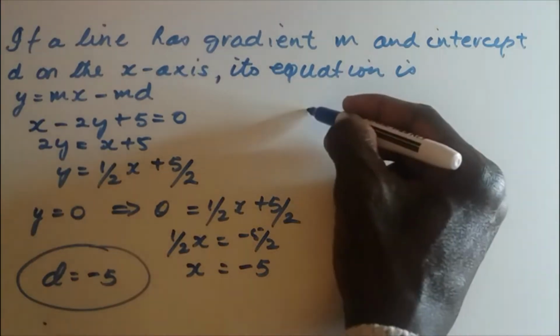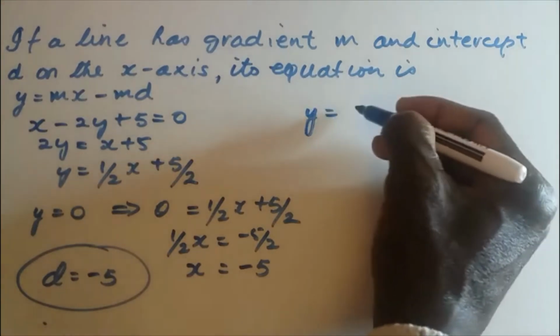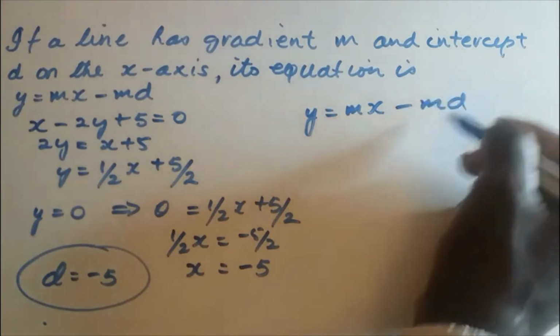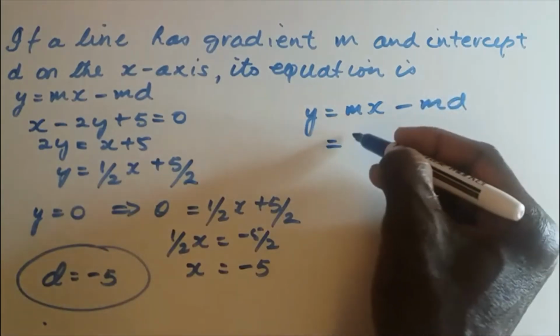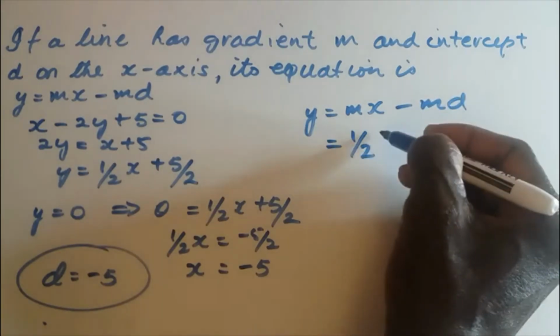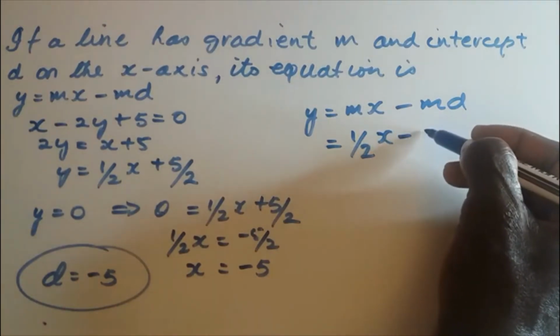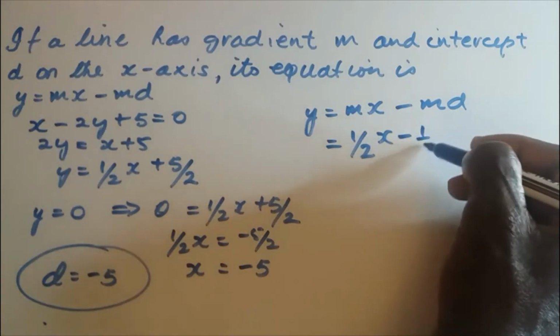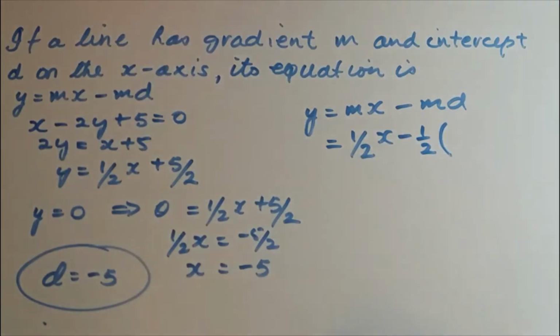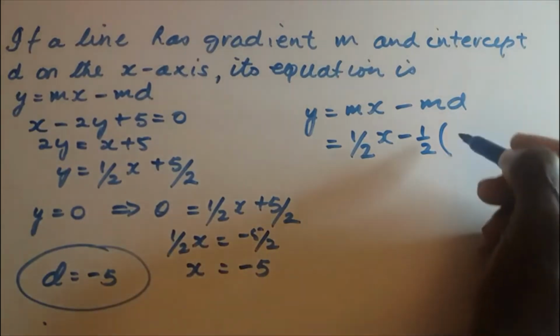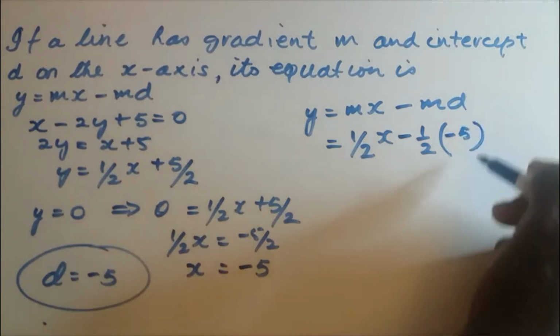We know that y should be equivalent to a half of x minus, our gradient is a half, times d, which we just calculated as negative 5.